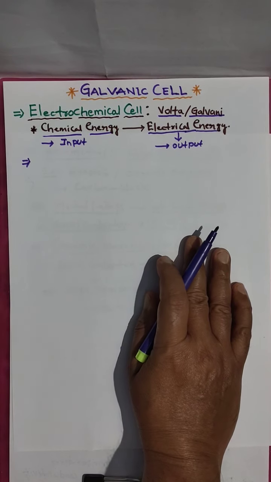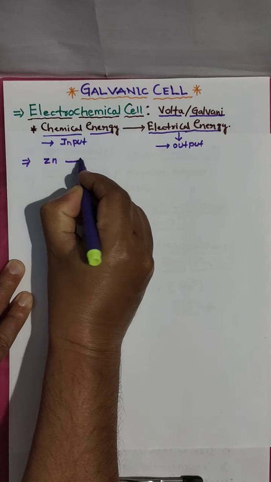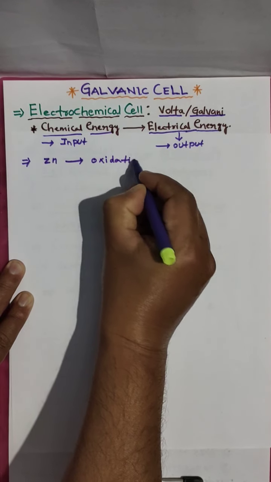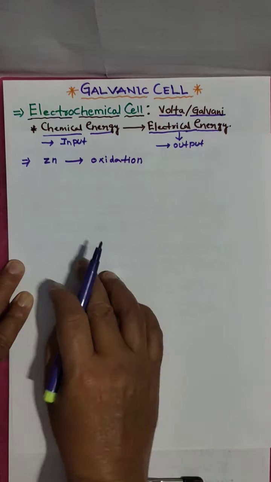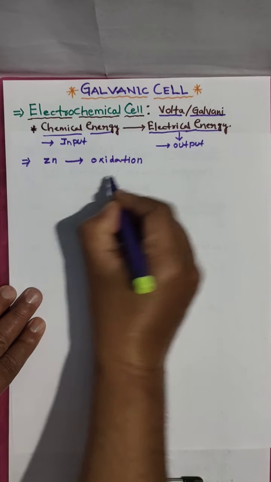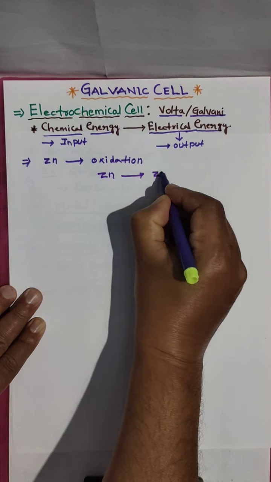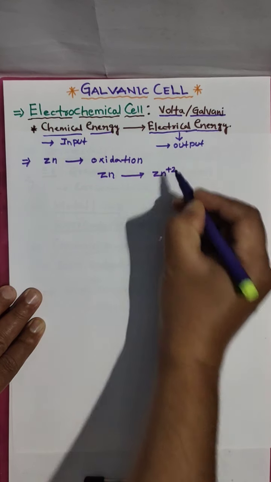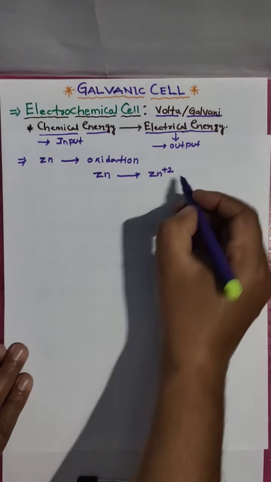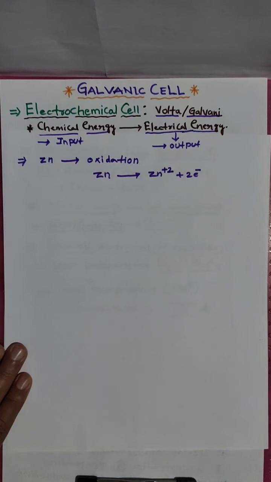So when zinc undergoes oxidation in an electrochemical cell, it means losing of electrons. When the zinc rod loses electrons, it will convert into Zn2+. Am I right? Zn2+ by losing electrons. Clear? This is one half cell reaction.